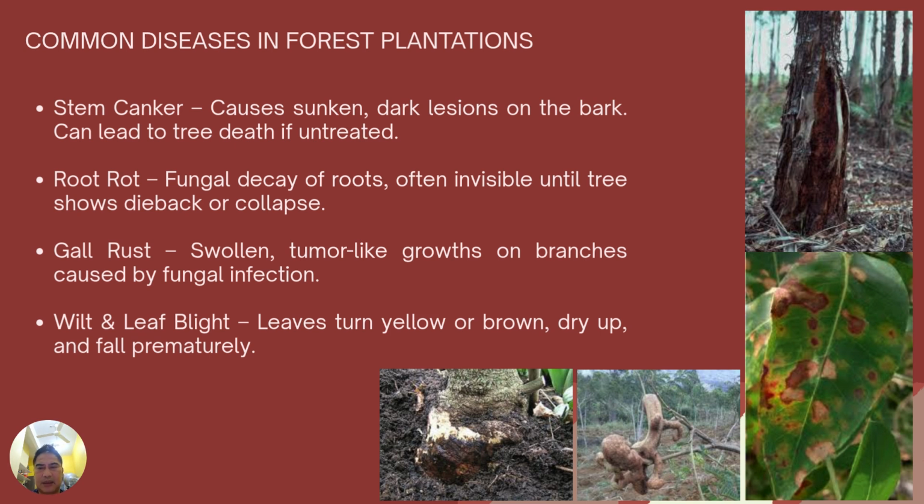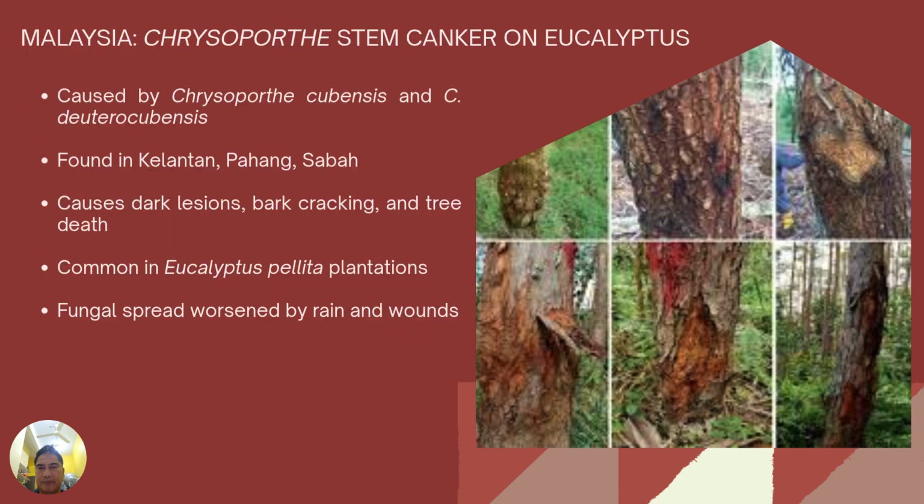Gall rust causes this weird swelling or tumor-like growths on the stems. They look dramatic, but are actually caused by fungal infections. And finally, wilt and leaf blight, which are easy to spot. The leaves turn yellow or brown and start falling off way too early. These diseases affect the tree's ability to photosynthesize and grow properly.